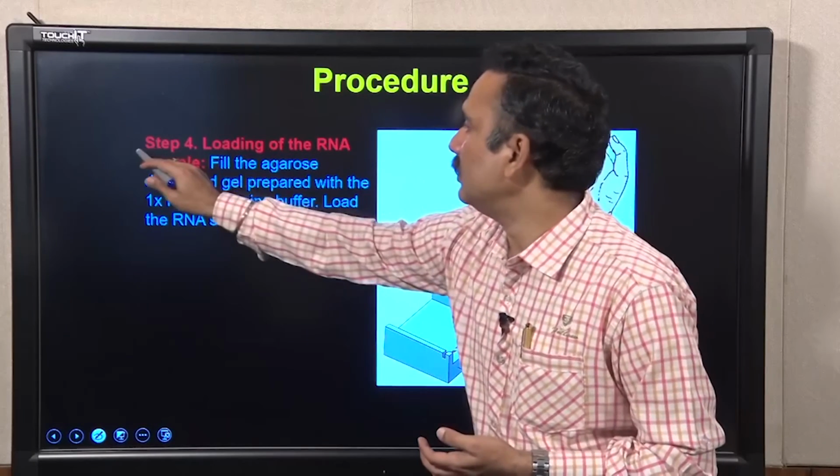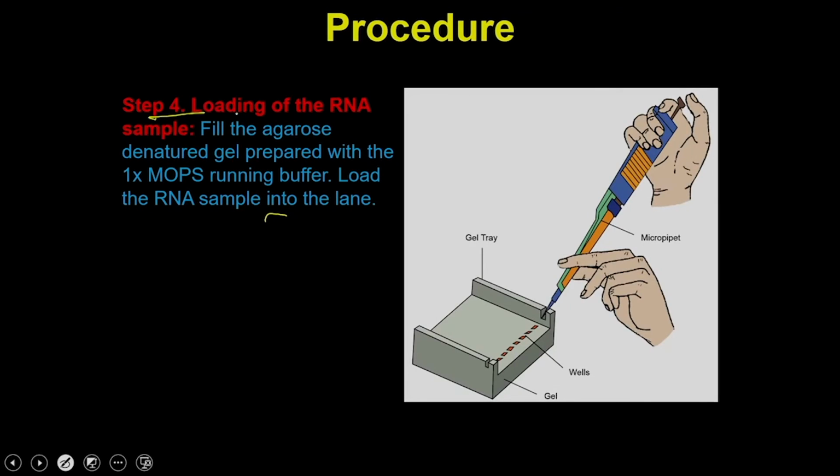In step 4, you do the loading of the RNA samples. Fill the denaturing agarose gel tank with 1x MOPS running buffer and load the RNA sample into the wells.